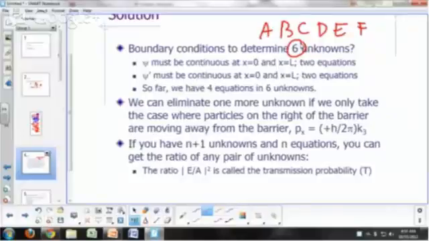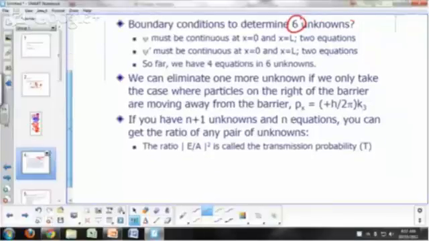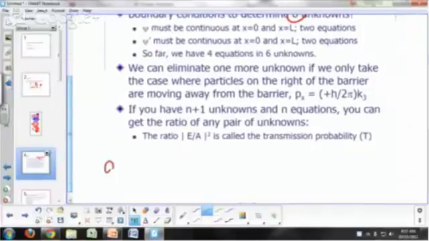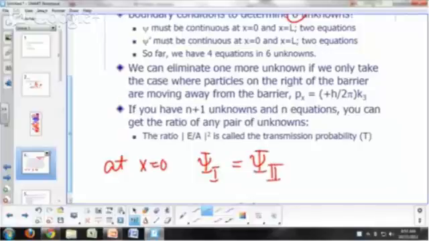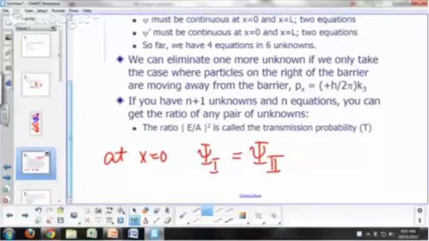Because at x equals 0, okay, what we're really saying is this: psi 1 at x equals 0 must be equal to psi 2. That's the continuity condition, right? So what is psi 1?